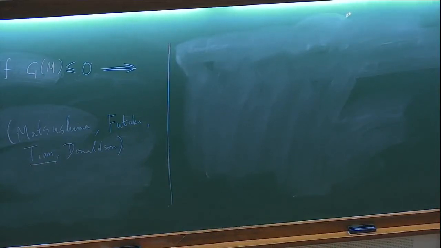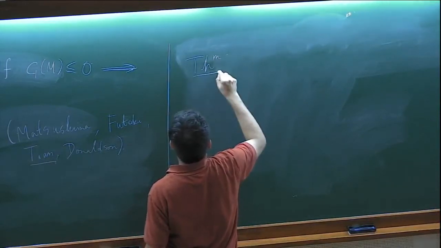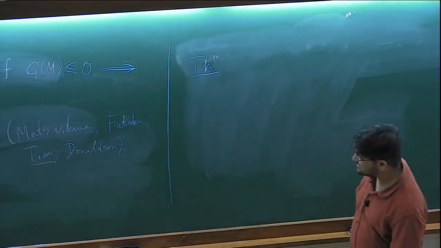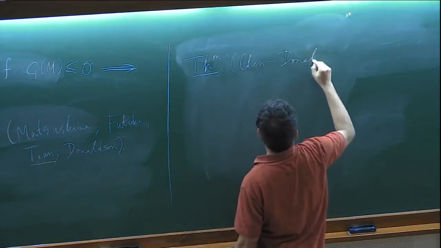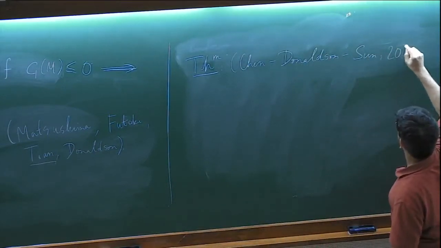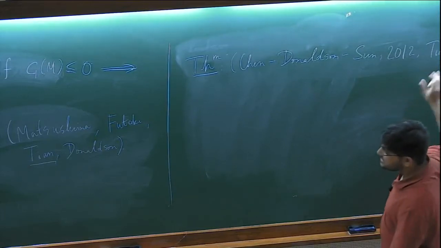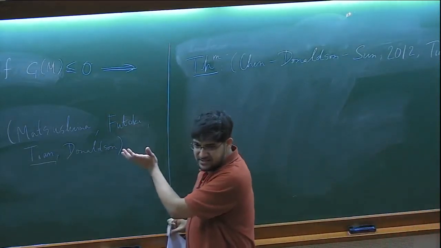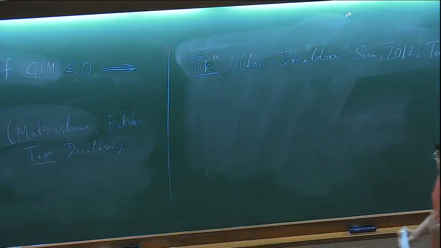Right, so the definitive result here was actually quite a recent result. It's due to Chen-Donaldson-Sun in 2012, I believe, and also due to Tian, especially in dimension 2. In dimension 2, Futaki's invariant is enough, but for higher dimensions, Tian had to find a refined obstruction.